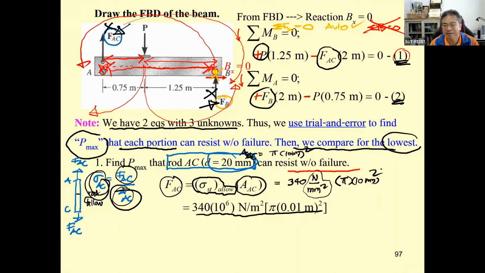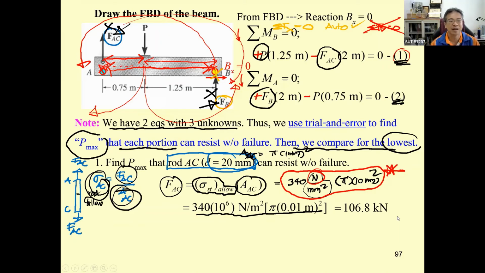For this lecture, I recommend doing this computation, which is easier and gives the answer in Newtons. By computing this, you get 106.8 kilonewton.